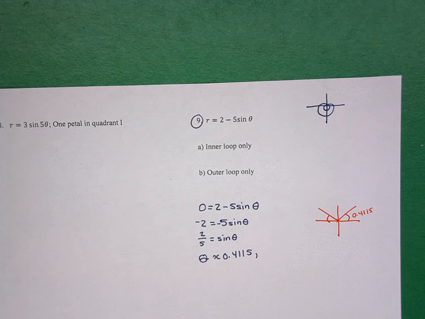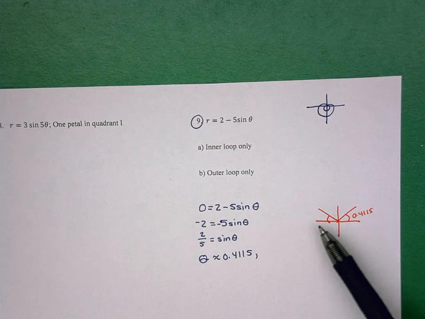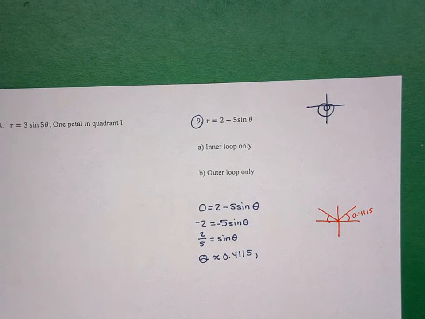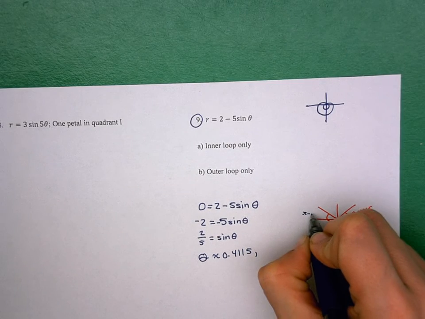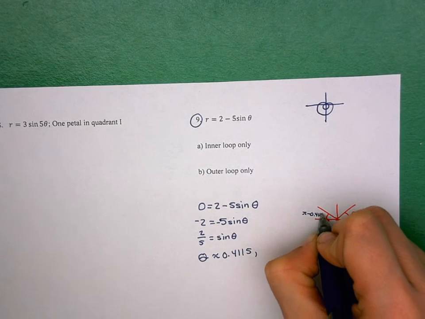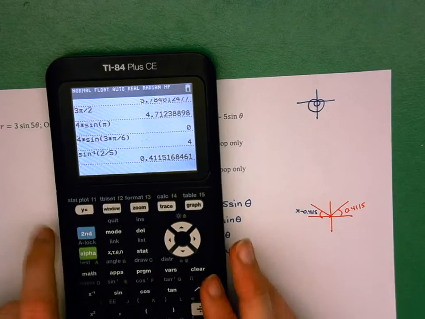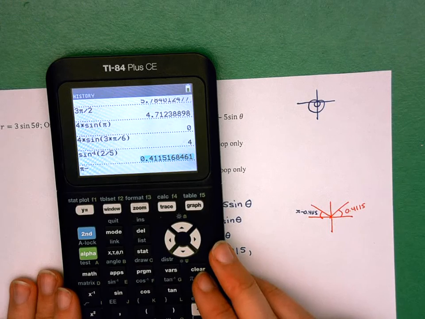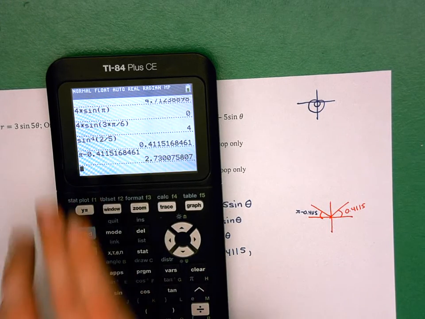Well, that angle measure is pi, which is the left-hand side of the x-axis, minus 0.4115. Pi minus the 0.4115 angle gives us around 2.730.